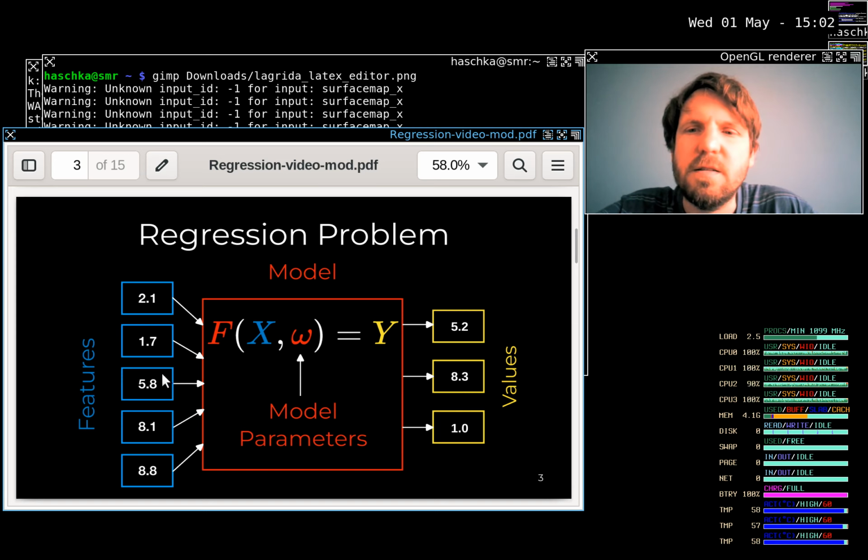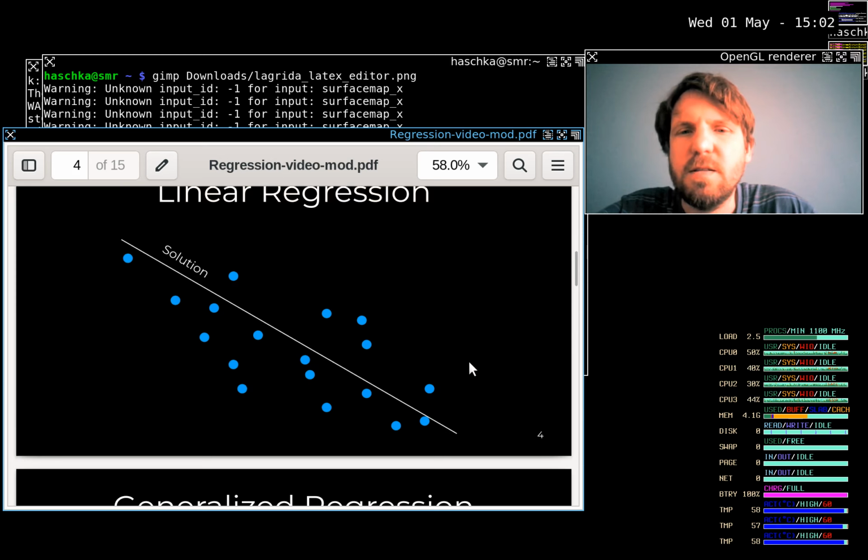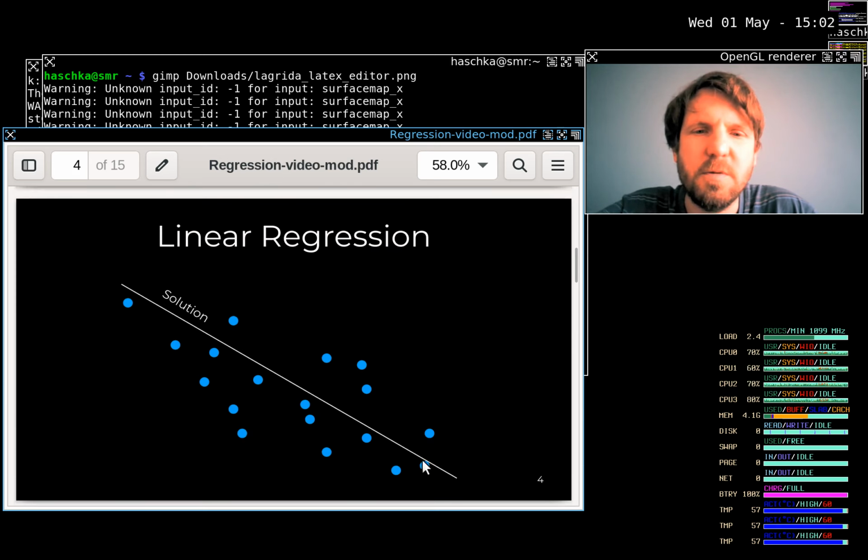Here is the size of the boat, here is the price of the boat, and you might get something like this. Small boats are here, and the price is on this side. You get a solution for this in the linear regression case, and then you can predict that for this size you get this price. Easy as that.